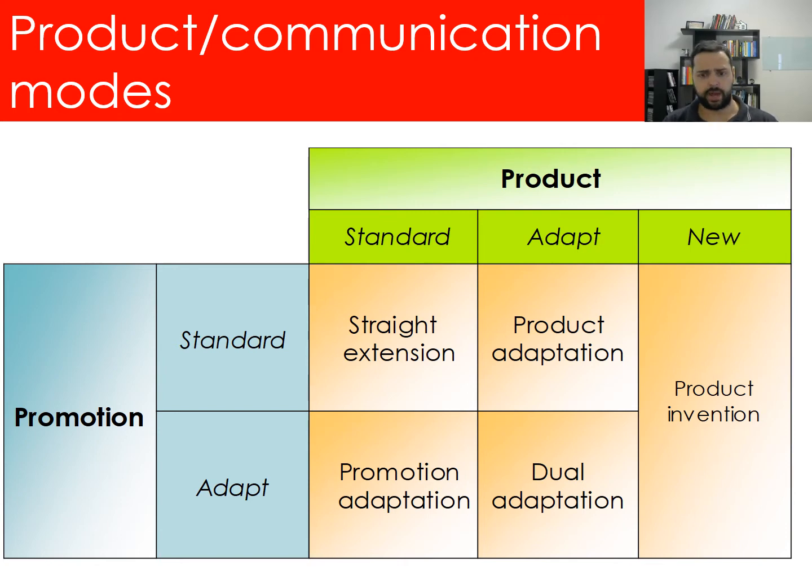Let's look to the other way, to when you need to adapt your product, but you can keep a very similar promotion. This is what we call a product adaptation. So when you're going to use that, imagine that you have a brand that is very famous, everyone knows the brand, even in this new market that you're entering. And imagine that the product does not fit the needs of this market very well.